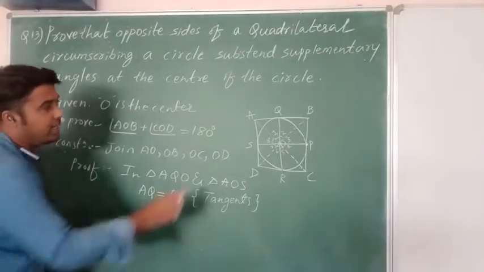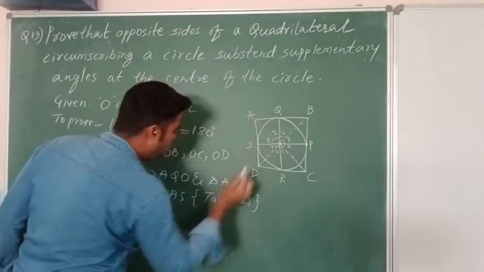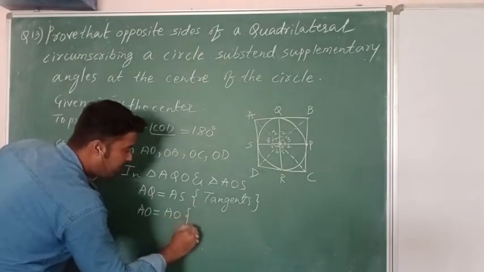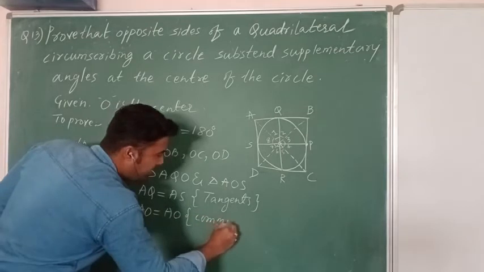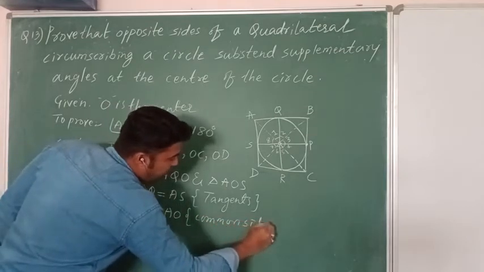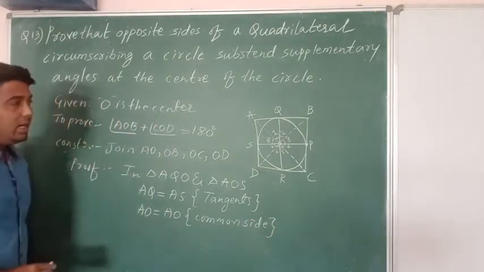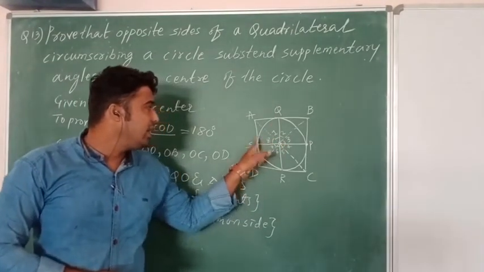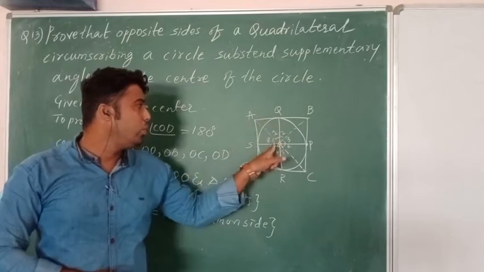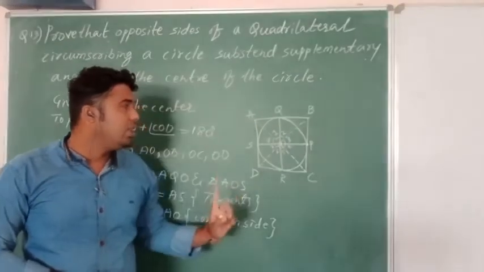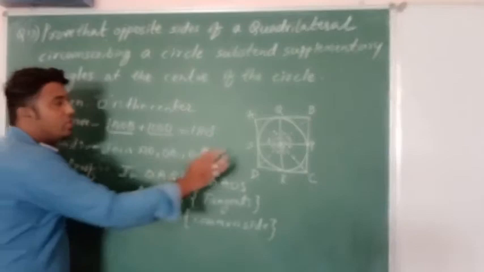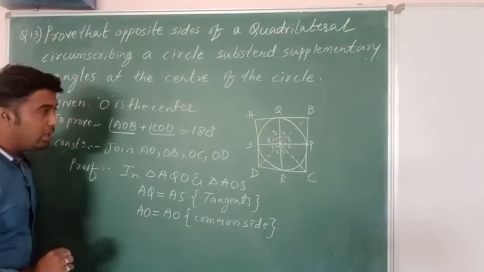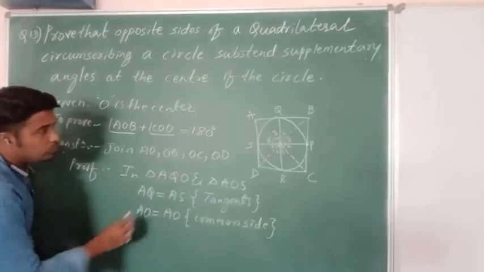Next, what can I write? You can see that AO is a common side. AO is equal to AO, which I can write here, common side. Then angle AQO and angle OSA are 90 degrees because a radius and tangent make an angle of 90 degrees.